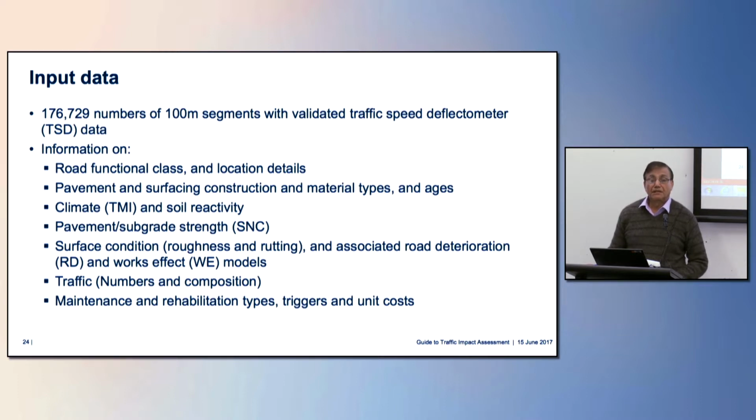Some soil in our state road network is reactive, some is non-reactive, and there are also dry reactive and wet reactive. Normally 4 types: dry reactive, dry non-reactive, wet reactive and wet non-reactive. So all that information is taken into account, and also we look at the pavement or subgrade strength, and the surface condition, as I said previously, roughness, rutting, and the associated deterioration for each road segment.